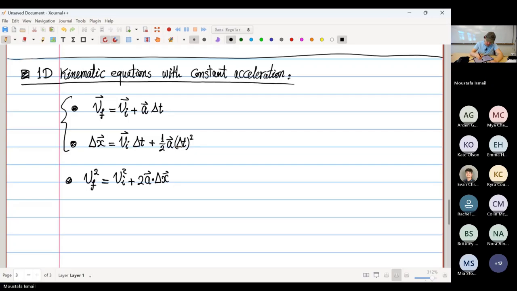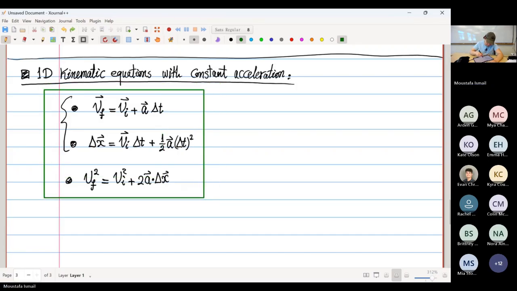So these are the main kinematic equations, and they are very important. Essentially, any problem we need to solve in kinematics will use one or more of those.